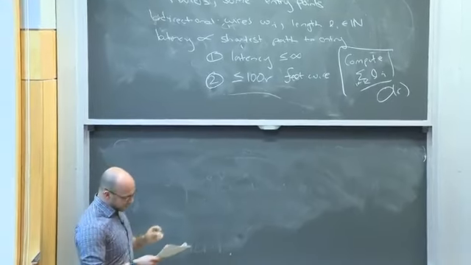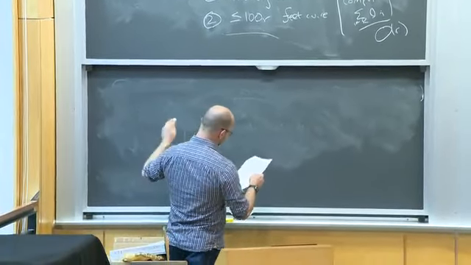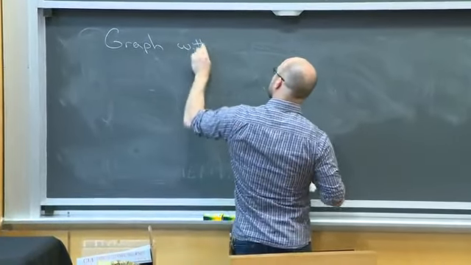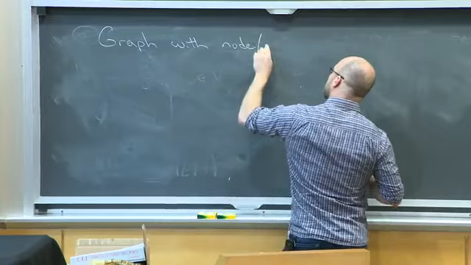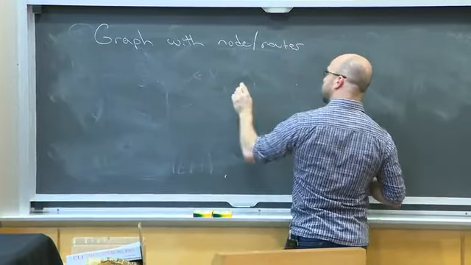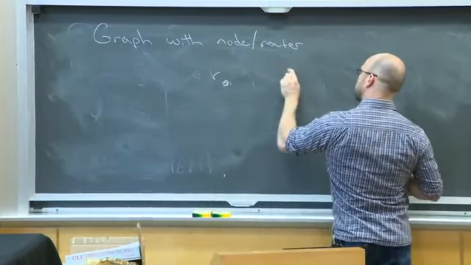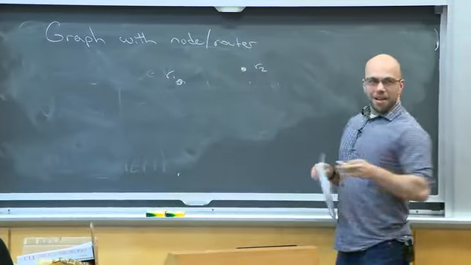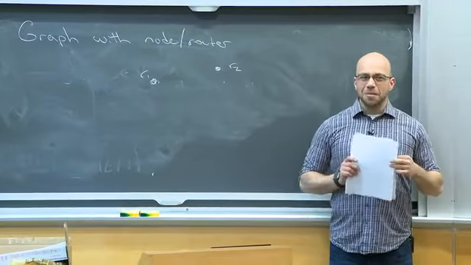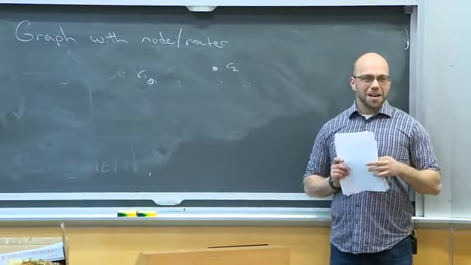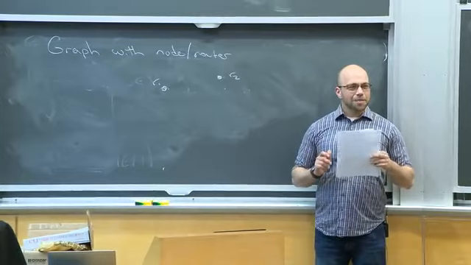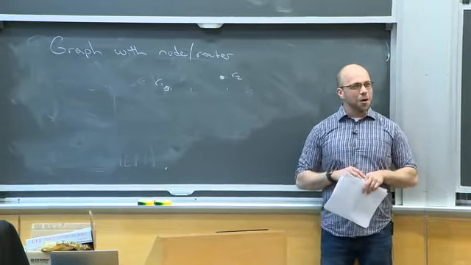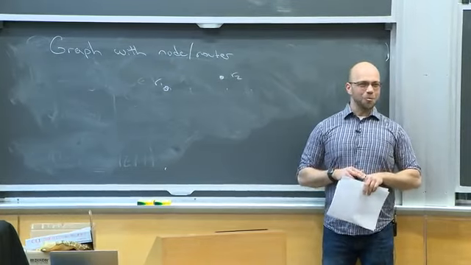Okay, so in particular, I'm going to make a graph with a node per router. So maybe here's a router, there's another router, router 1 and router 2. But since I want to use the linear time advantages of breadth-first search when I'm computing distances, I can be a little bit sneaky about this. Instead of having 10 feet of wire, I'm going to have 10 1-foot wires.